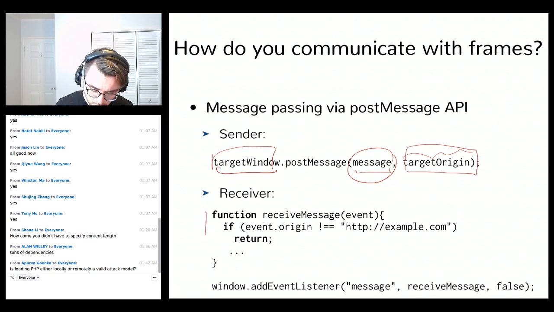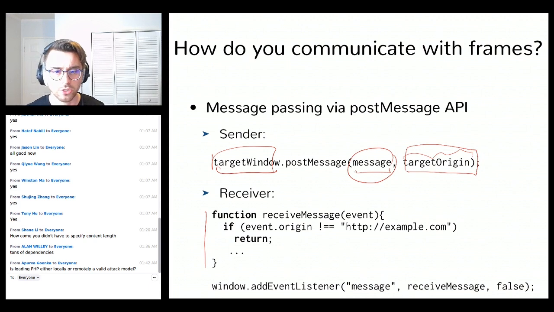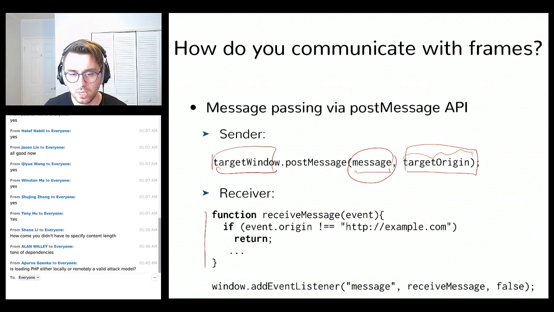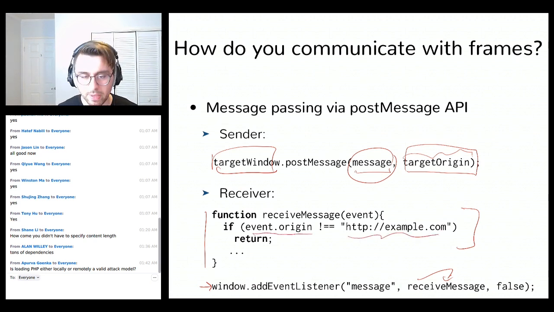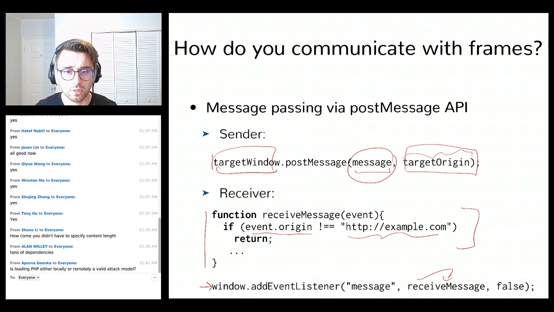To receive messages, what you need to do is first define a function, in this case, receiveMessage, and register this function with the global event listener, which basically says, hey, whenever I get a message, please call receiveMessage. Internally within receiveMessage, the first thing that you want to do is check who sent me this message. What's the origin of the context that sent me this message? The way you do that is by looking at event.origin, and you want to make sure that you're only getting messages from iframes or outer pages that you trust.